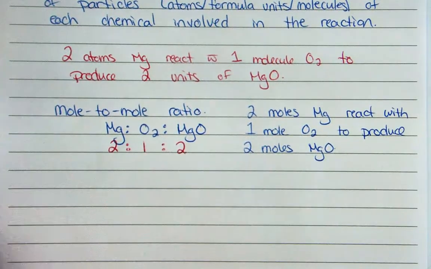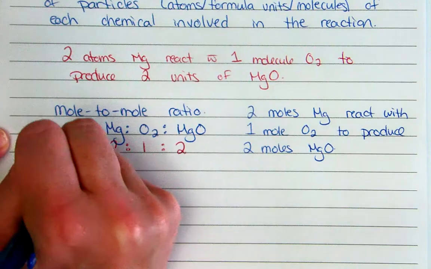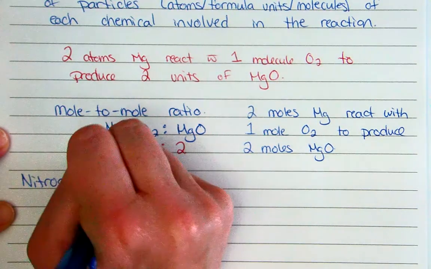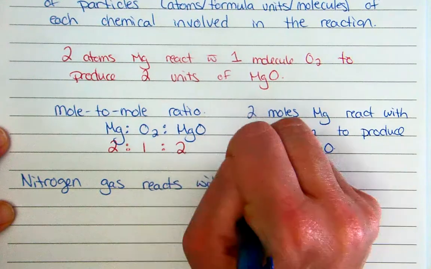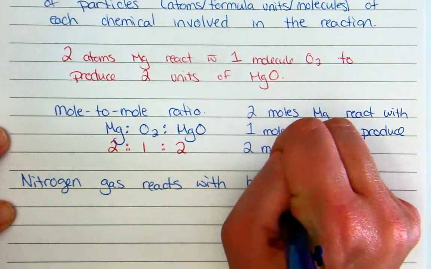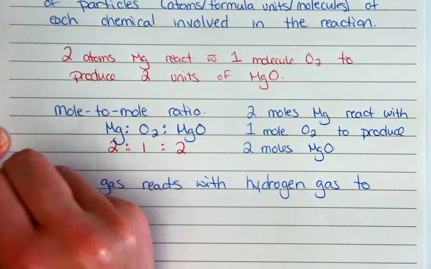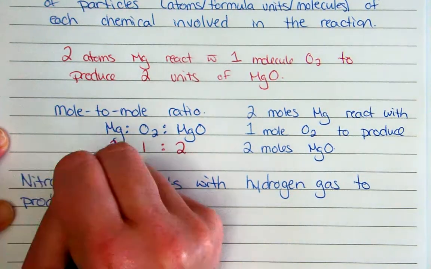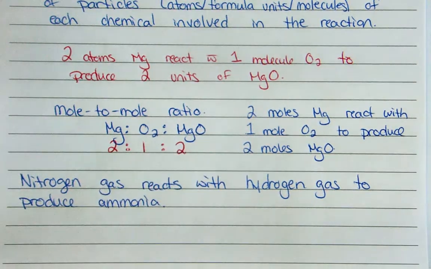Let's try another example. If I told you that nitrogen gas reacts with hydrogen gas to produce ammonia, I want you to press pause right now and write out a balanced chemical reaction for this.